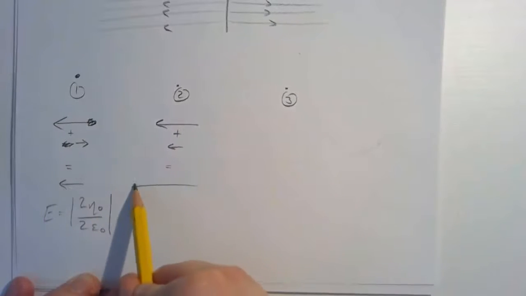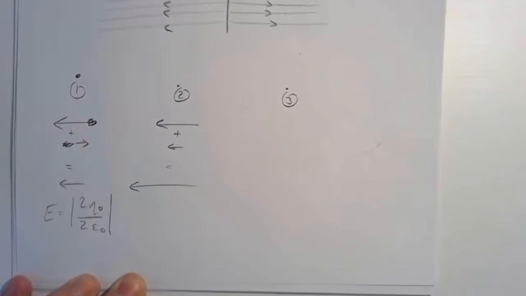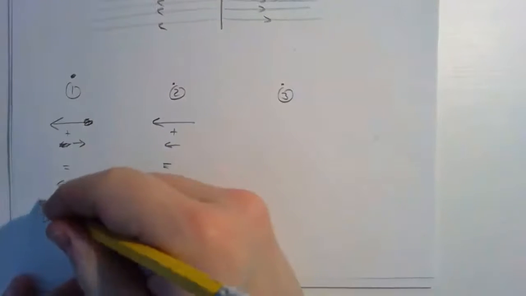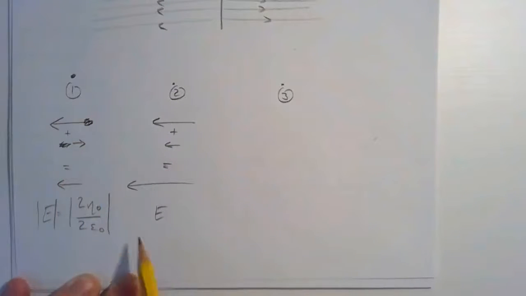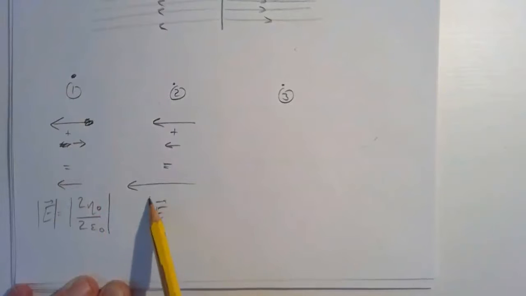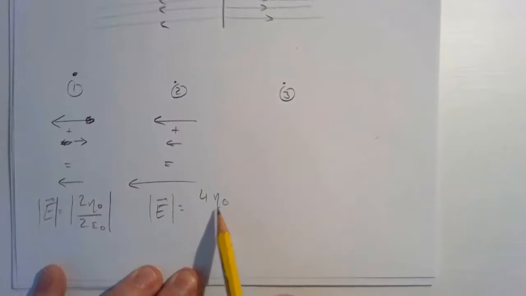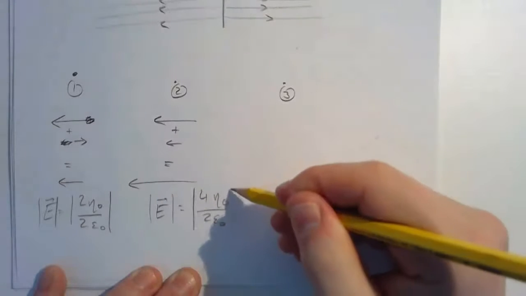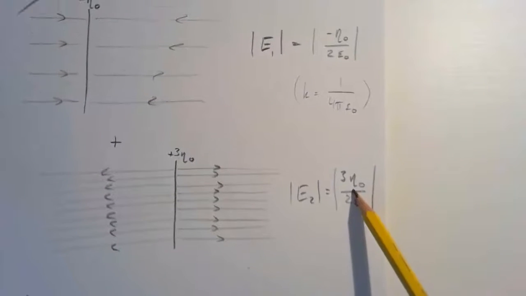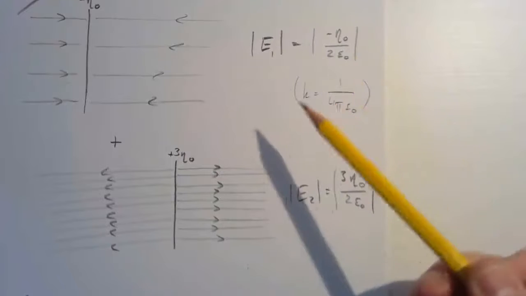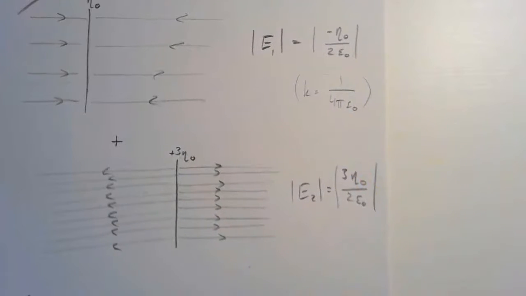So here the electric field strength, I'm just talking about the magnitude here, is equal to 4 eta 0 over 2 epsilon naught. Sorry, eta 0 over epsilon 0. So this one here plus this one here. They add because they're in the same direction.